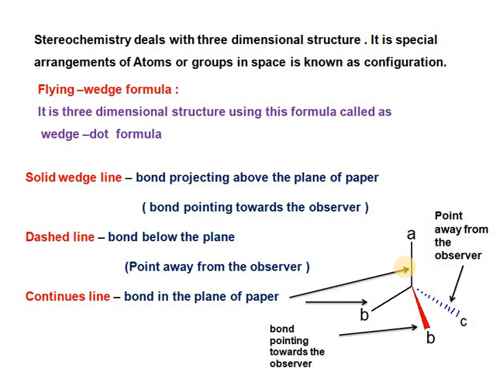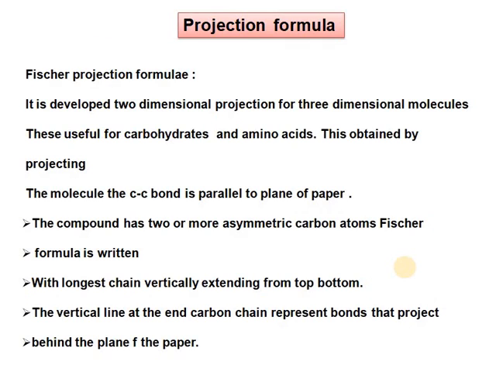But with more than two asymmetric carbon atoms, such a formula becomes complicated, and therefore we are going to discuss some projection formulas. Projection formulas are mainly used to represent the configurations of molecules on the plane of paper.